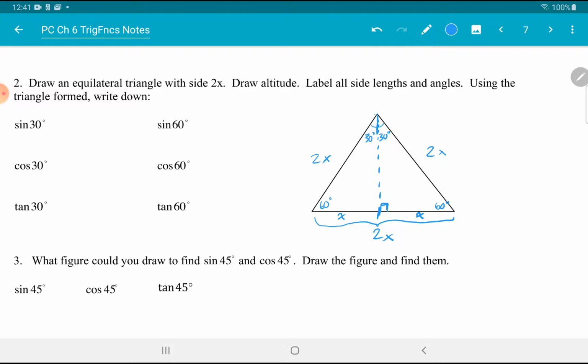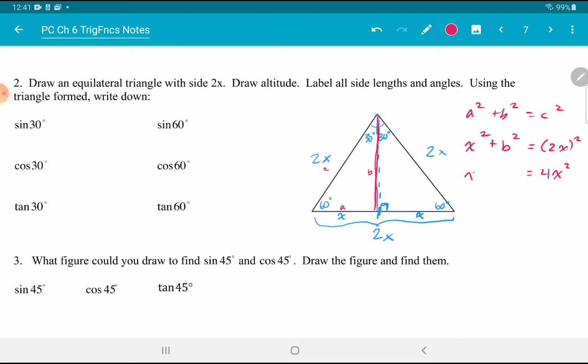Now, if we just use the Pythagorean theorem, we can actually find what the altitude, or this side length of this particular triangle, is. With the Pythagorean theorem, we have your a, your b, and your c here. So if you think of a squared plus b squared equals c squared, and fill in the missing parts, what we have is x squared plus what we're trying to find, let's still call it b squared, is equal to (2x) squared. (2x) squared is the same thing as 4x squared overall.